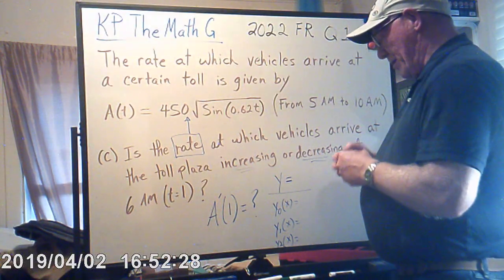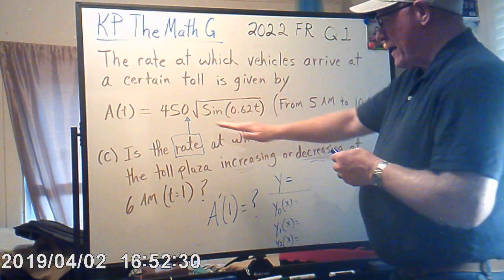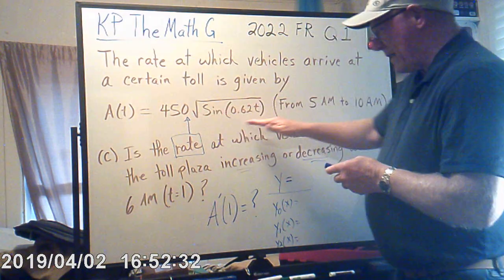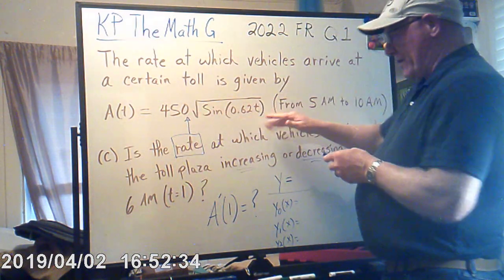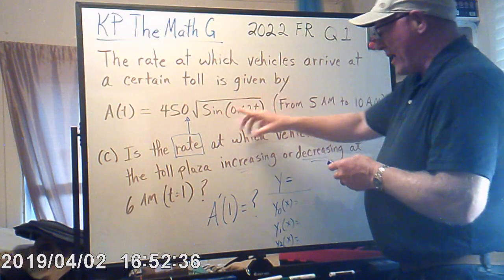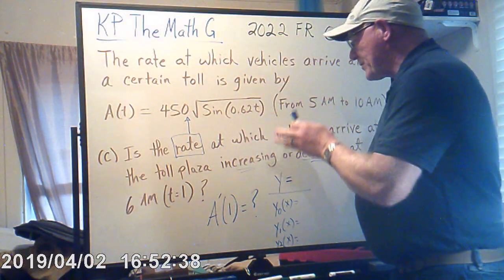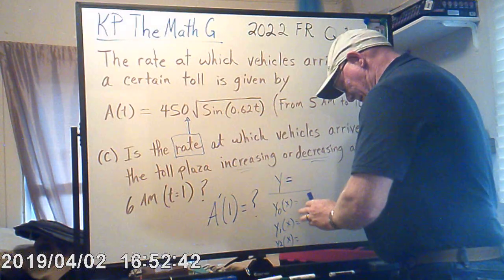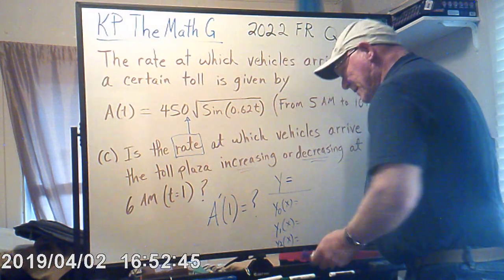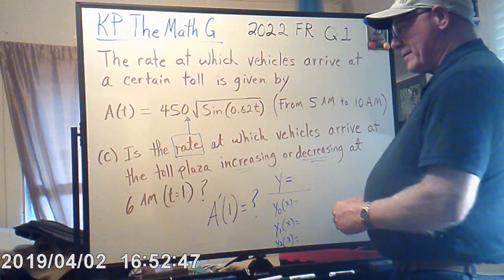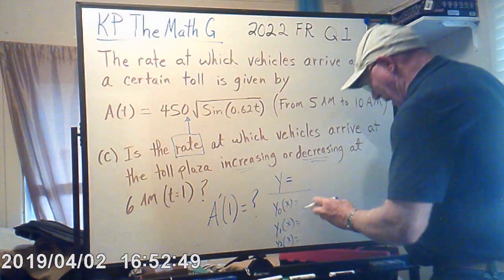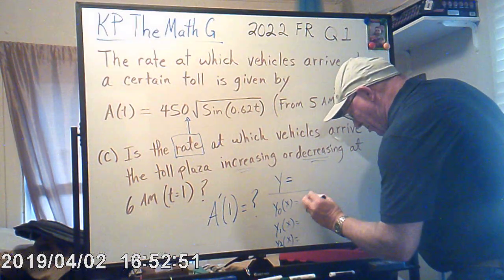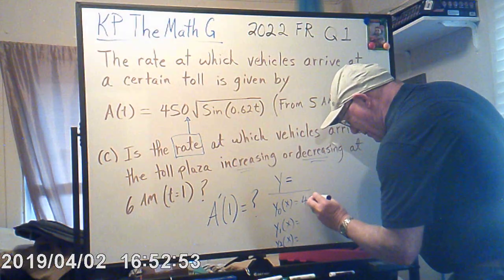So if I were you, I would go ahead and put this A of t, 450 times the square root of sine of 0.62t, inside, in my case, y sub 0. So this is what I did. I simply put the whole thing in there.